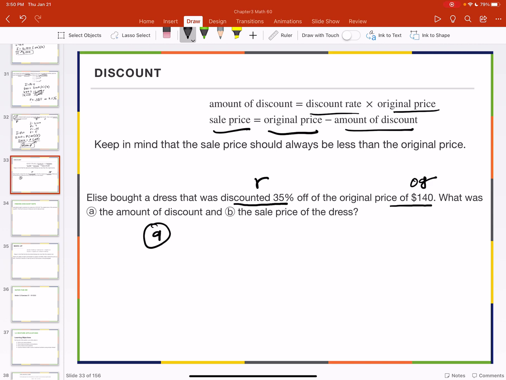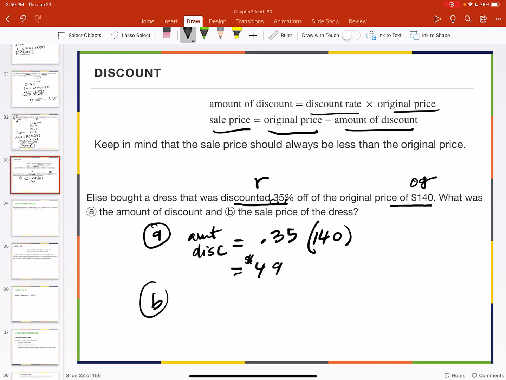So amount of discount is going to equal the rate expressed as a decimal times the original price, which is 140, right? As a decimal, it's going to be 0.35. And so what is that? What's 35% of 140? 49. So that's the amount of discount.